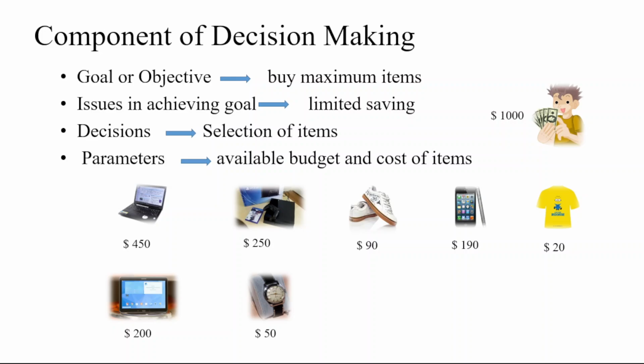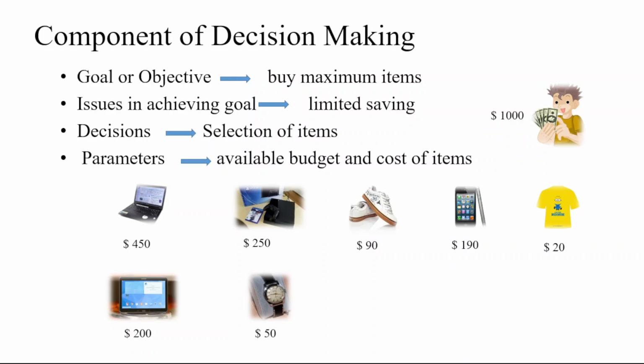Components of any mathematical model in operation research are the same as the components of decision making. In decision making, we have an objective or goal. In operation research, we call it the objective function. In real life, we have alternatives. In operation research, we call them decision variables.